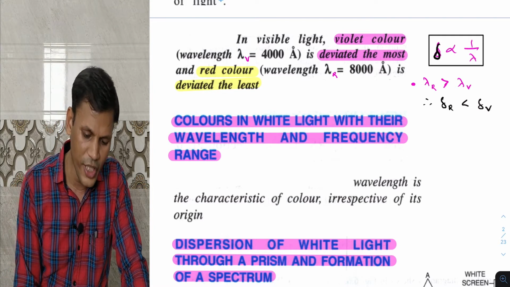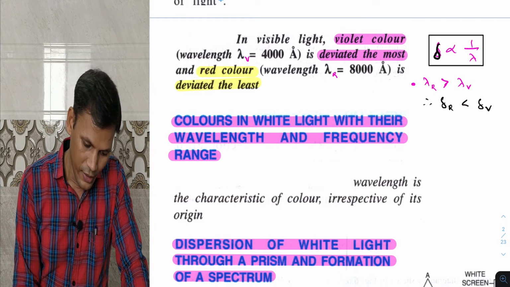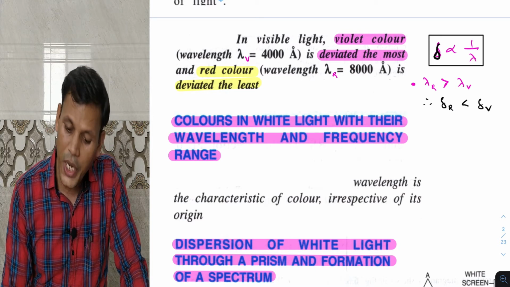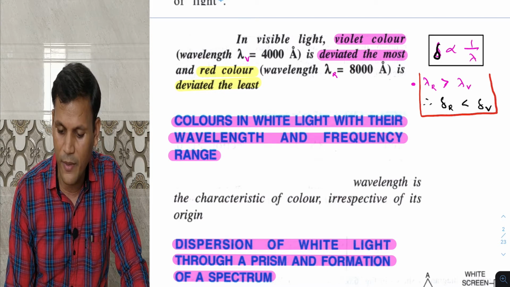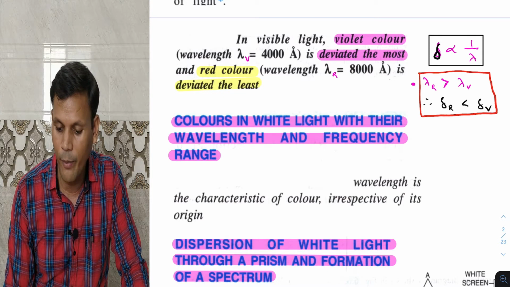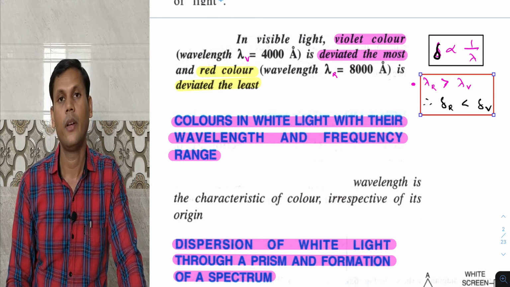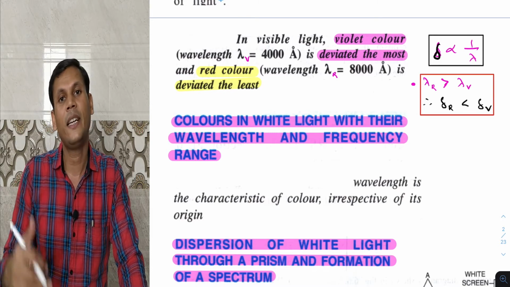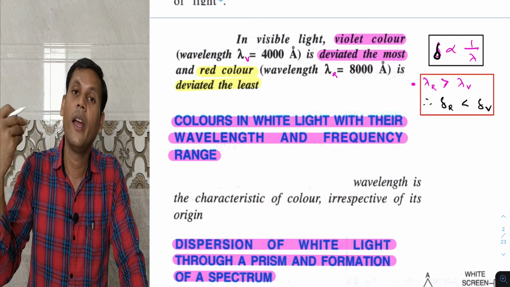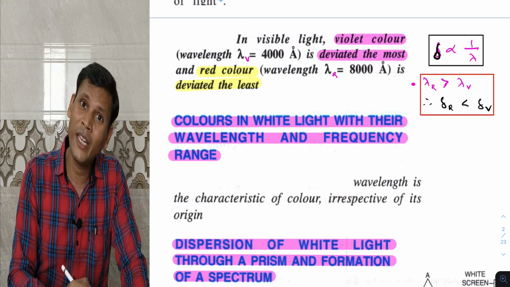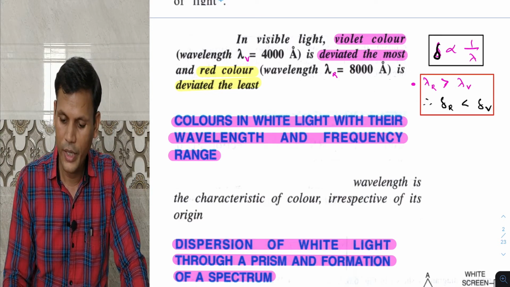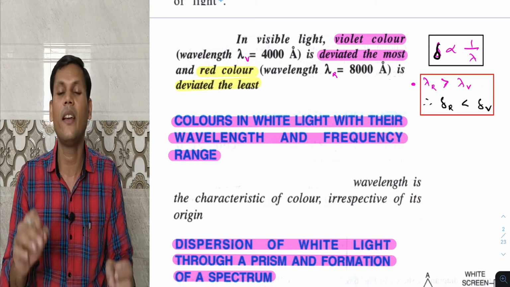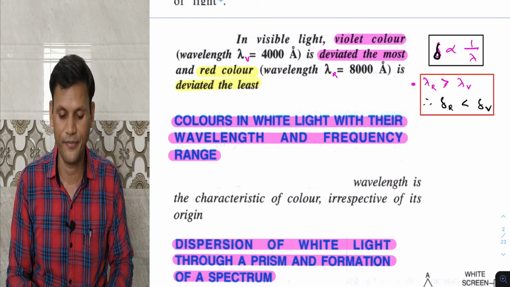We are talking about this part. If wavelength of red color is maximum, then deviation will be minimum. And for violet, wavelength is minimum, so deviation will be maximum. Okay, so these conclusions are very important for us.